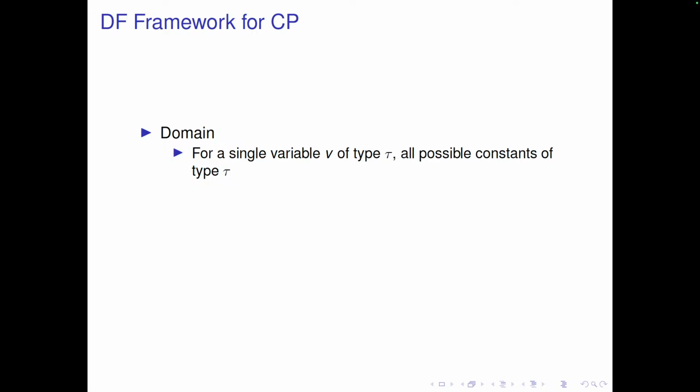This is my domain. So if you have 20 different types, or at least you want to analyze variables of 20 different types, you have to find out what are the different constants possible in those 20 types, and in a way for every variable, every value of that type. So if I am talking about integer, I have to worry about minus infinity to plus infinity.